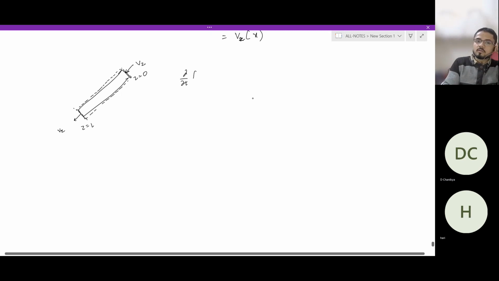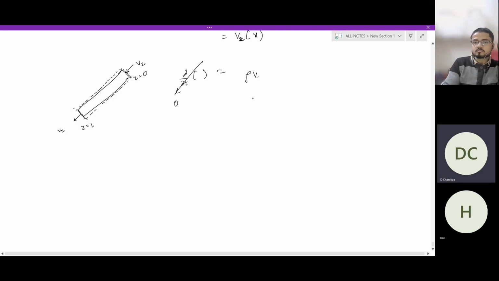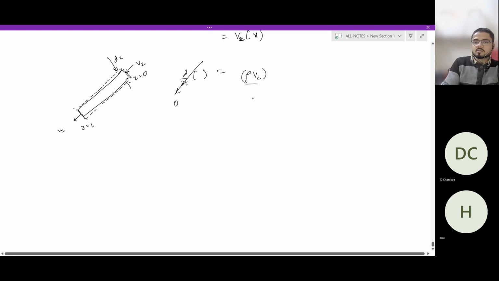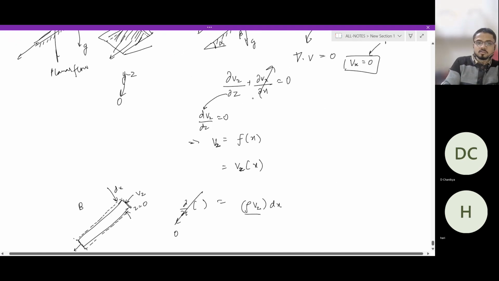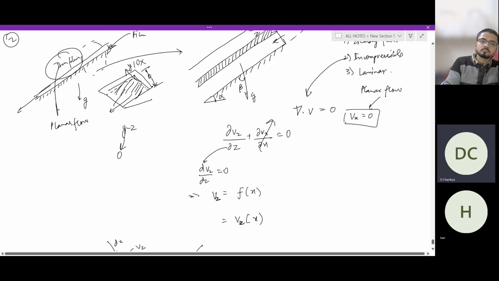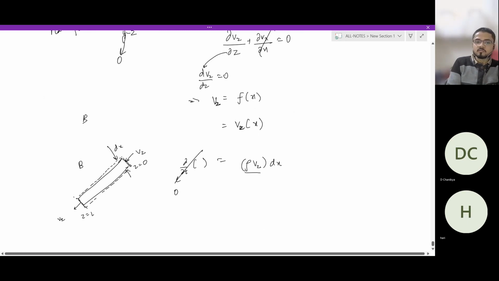The left side becomes 0. Rate inside would be equal to rho Vz times this thickness dx, so rho Vz into dx. And internally, let's assume that the dimension is b, and b is much, much greater than the x dimension.